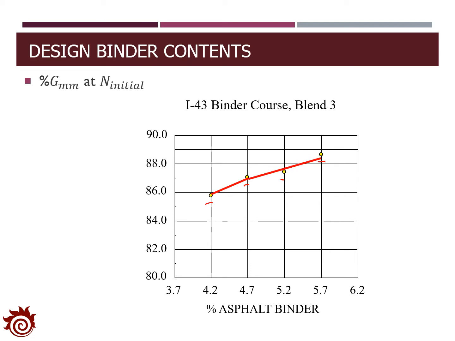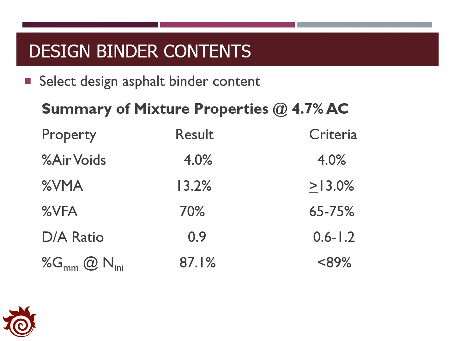With the designed asphalt binder at 4.7%, we can get the maximum specific gravity as 87.1%. Then we can summarize the mixture property at 4.7% asphalt contents.